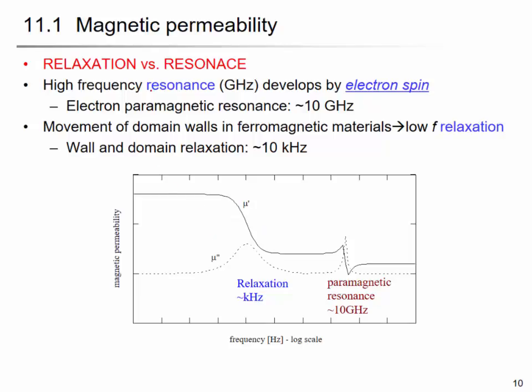Then the spectral ratio is like this one. So at the high frequency, you have a resonance around 10 gigahertz here, and at the low frequency, you have a relaxation about 10 kilohertz.